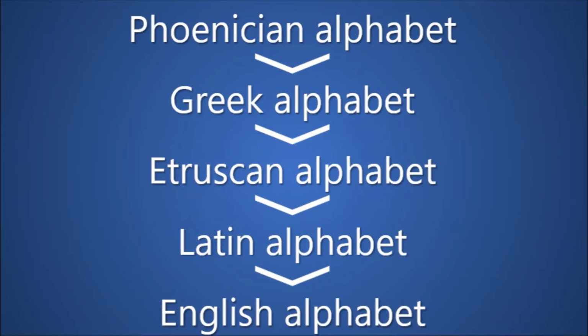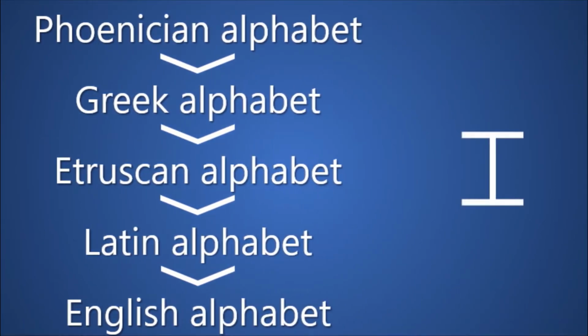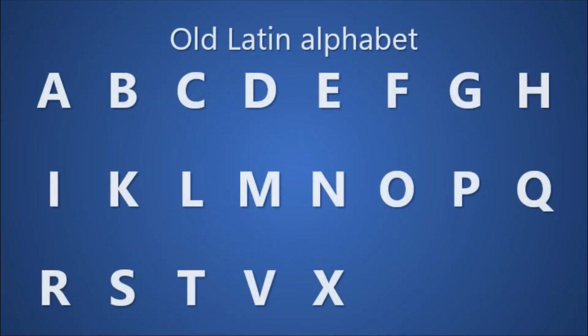But after some changes went on in the Latin language, it didn't have a Z sound anymore, so the letter was dropped from the alphabet. The Old Latin alphabet, therefore, looked like this. Mostly the same as the English alphabet, but missing some letters here and there. And the last letter of the alphabet was X.